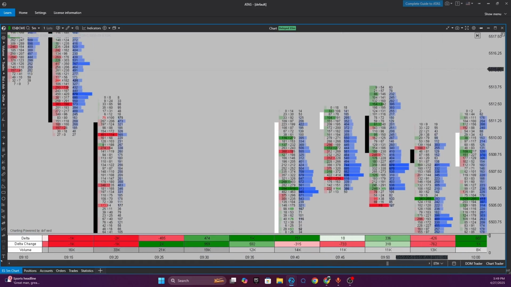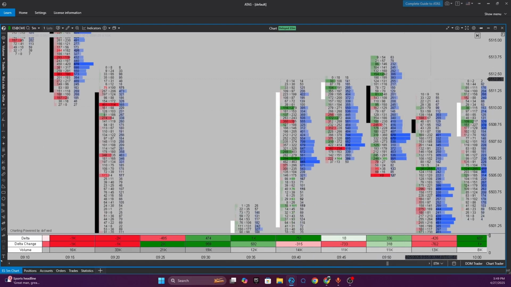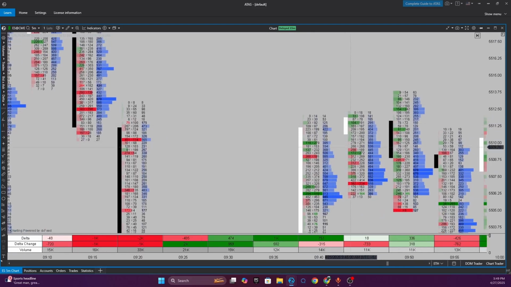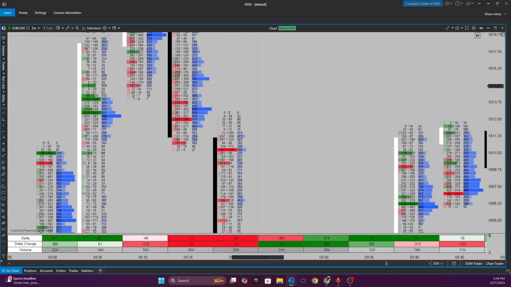Just by taking a look at these highs, tell me what you see, right? We see there's not much on this candle to work with, but on this candle, we're seeing large amounts of buying delta enter at this level. Same with this candle right here. Large amounts of buying delta here at this level. Now, if we go back to 40 or 45 minutes prior, take a look at what happened here.